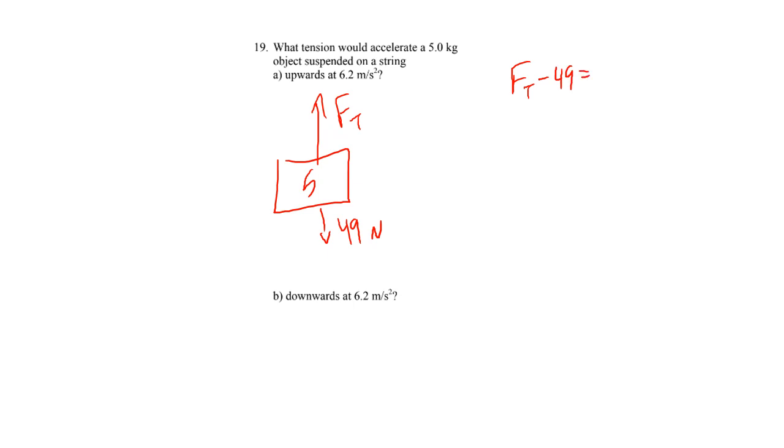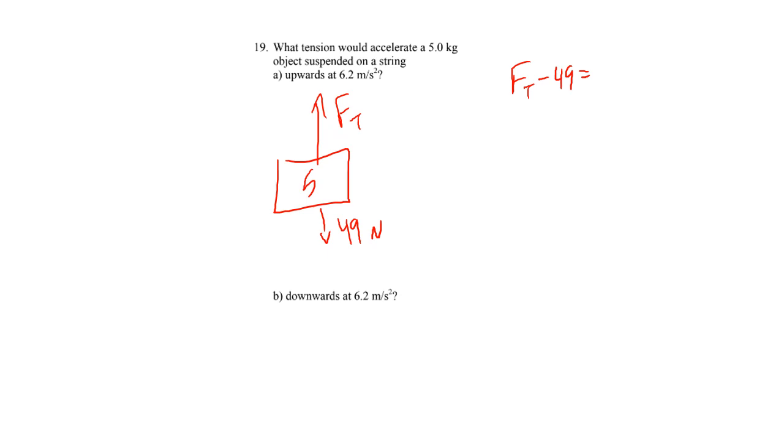What tension would accelerate a 5 kilogram object suspended on a string upwards? Okay. So we're looking for the force of tension. Since the mass is 5, gravity is going to be 49 newtons. Well, I know that Ft minus 49, which would be the net force, is going to equal m times a, right?